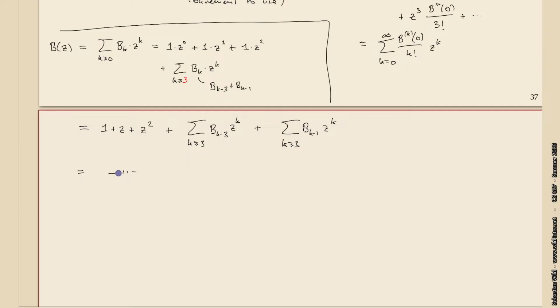First of all, I can pull out z cubed in front of the sum. And then what I'm left with at least matches in the exponent and index shift. I can do the same here by pulling out one z.